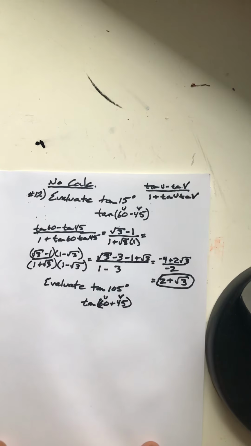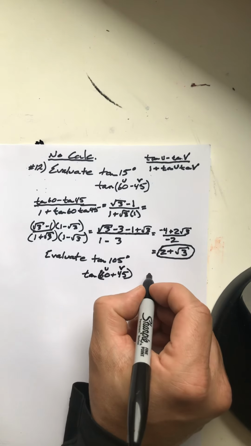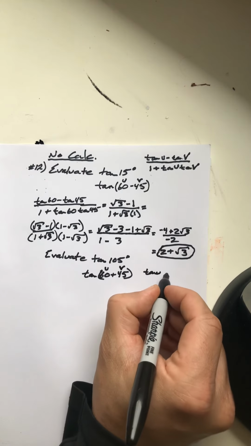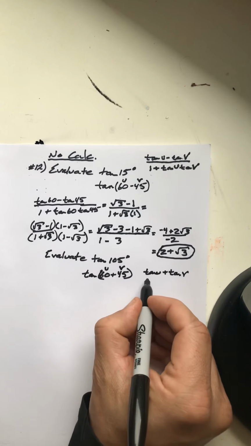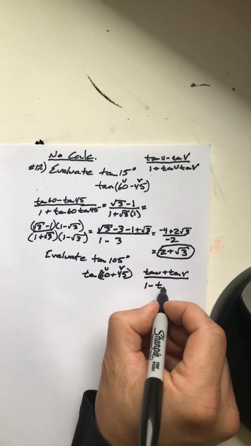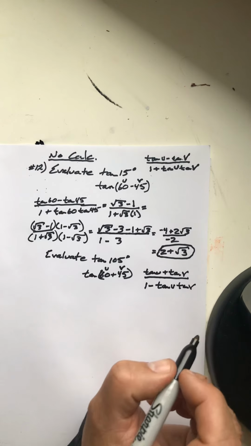Now the only difference in the formula is you're going to be doing tan u plus tan v, and in the denominator, 1 minus tan u tan v.